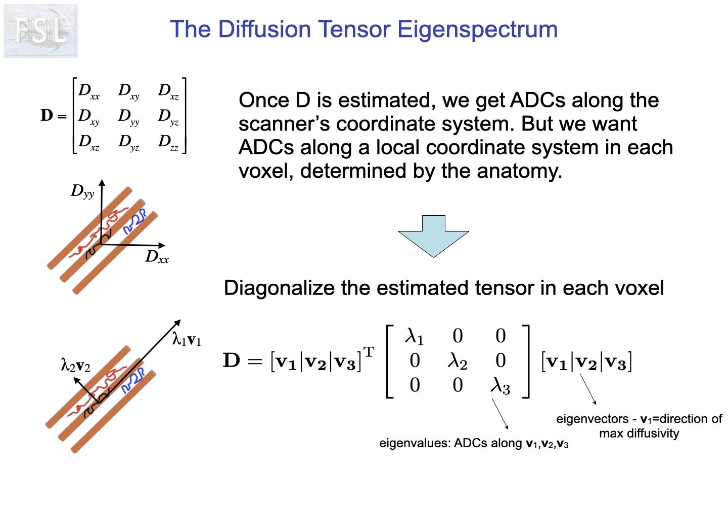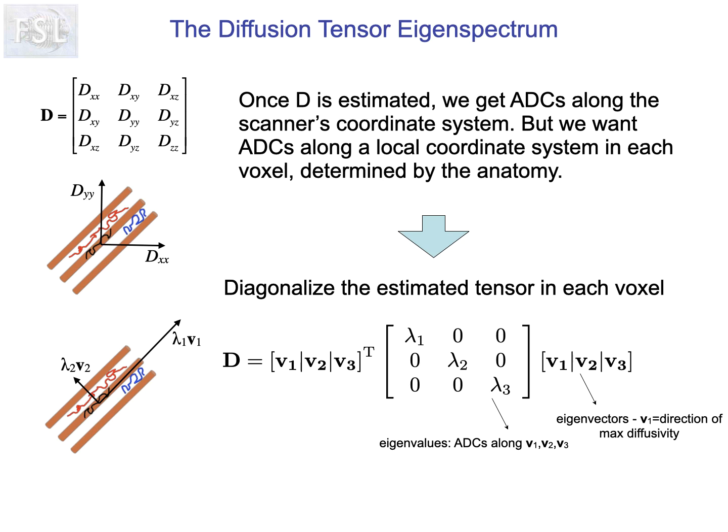We do an eigen decomposition of the tensor. So we can decompose this matrix into a set of eigenvalues and eigenvectors. Lambda 1 is the diffusivity along the direction along which water diffuses most easily, therefore along the principal fiber orientation. Lambda 2 and 3 are the diffusivity perpendicular to the principal fiber orientation.